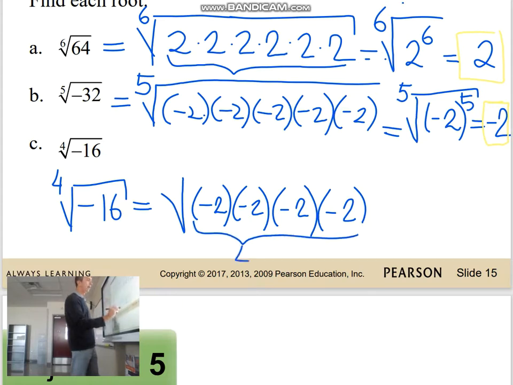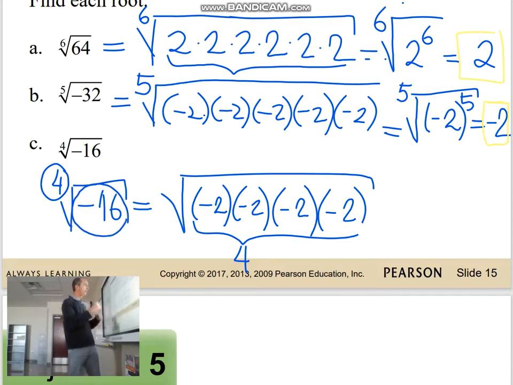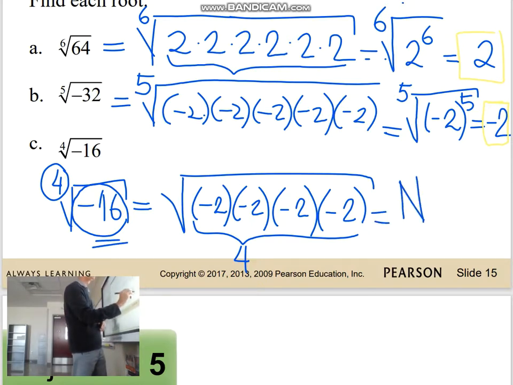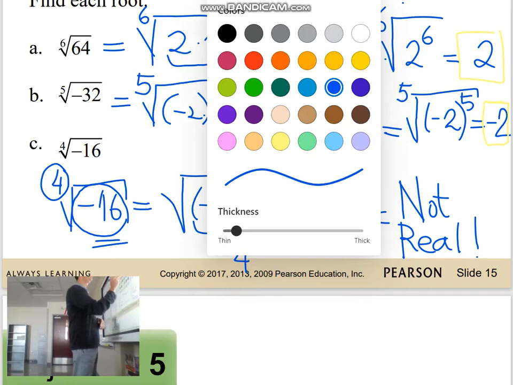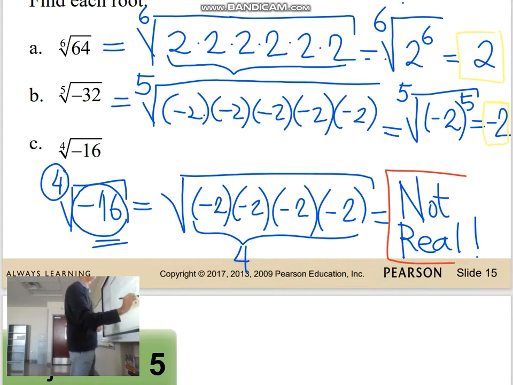I cannot get a negative number, the 4th root of negative 16, because this index is an even number and I cannot have the nth root of a negative number if the index is an even number. So this is not a real number. Okay? We will not have a solution as a real number.